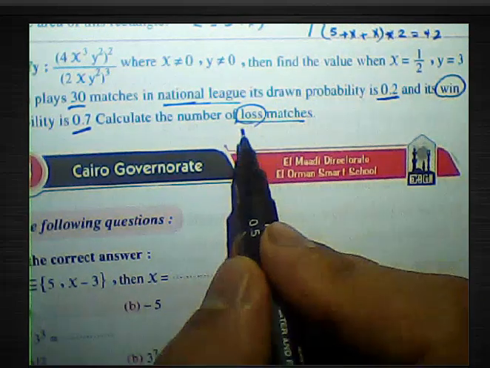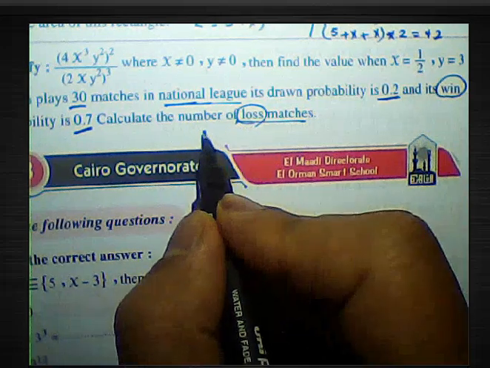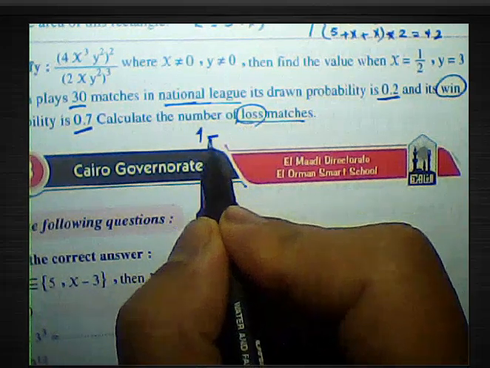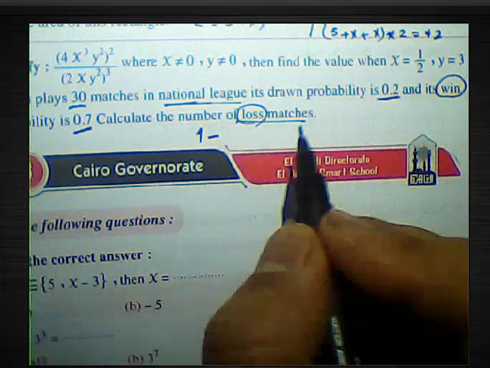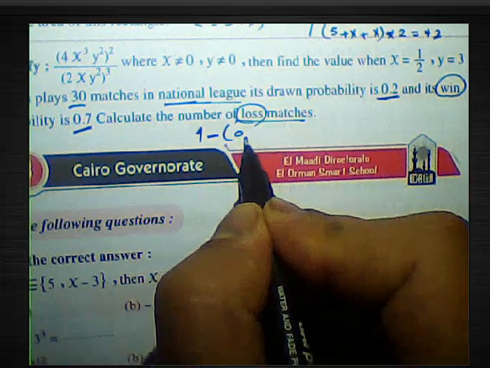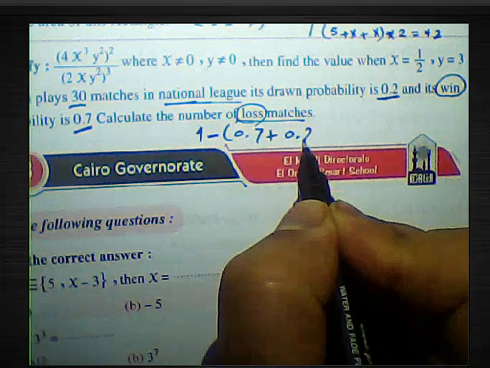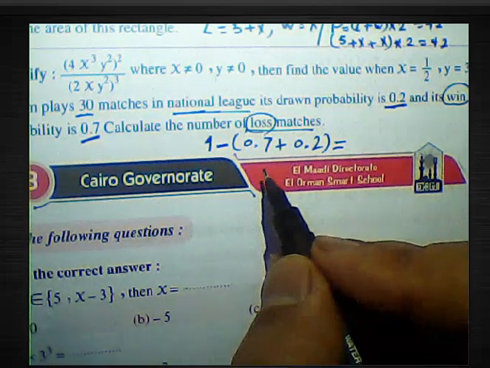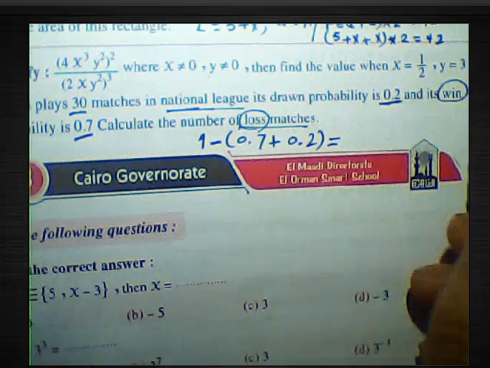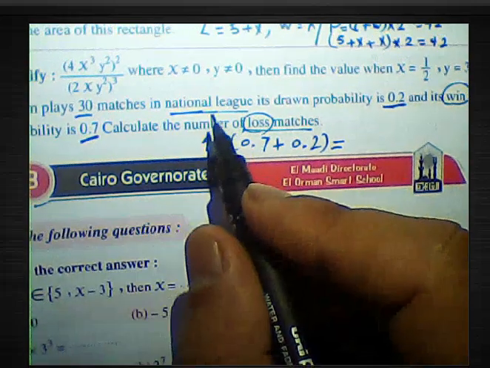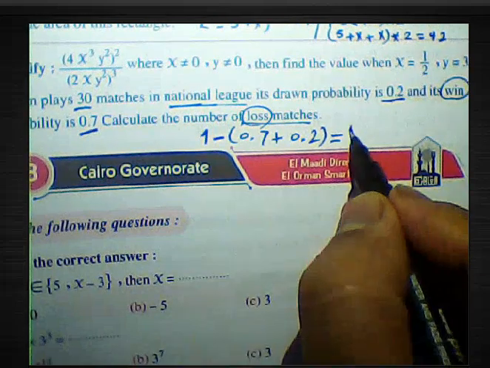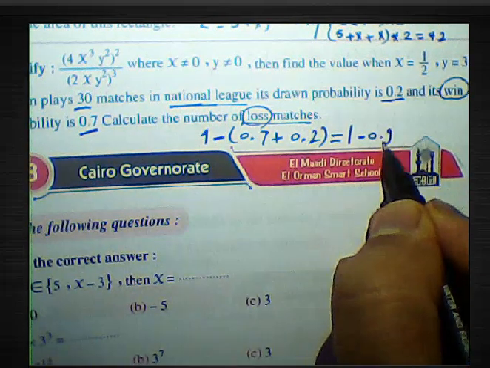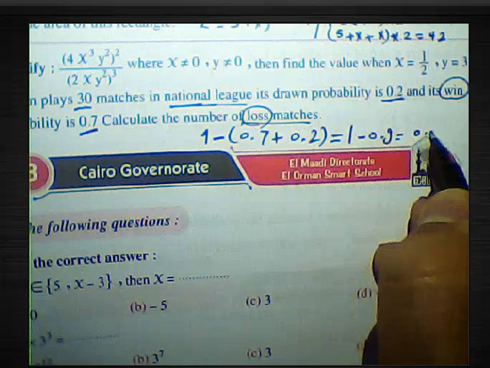and the lose. He asked about the lose. First we can find the probability of losing. 1 subtract 0.7 plus 0.2, I will get the probability of losing matches. 1 subtract the probability of win and draw. 1 subtract the sum of them, 0.9, the result will be 0.1.